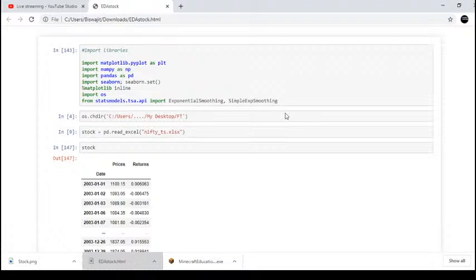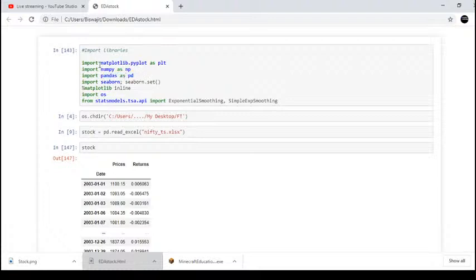So in order to do this analysis, we're going to be first importing some of the very important Python libraries. For data analysis, some of the most important Python libraries are Matplotlib, NumPy, Pandas.